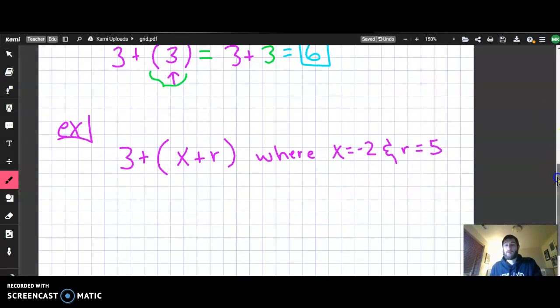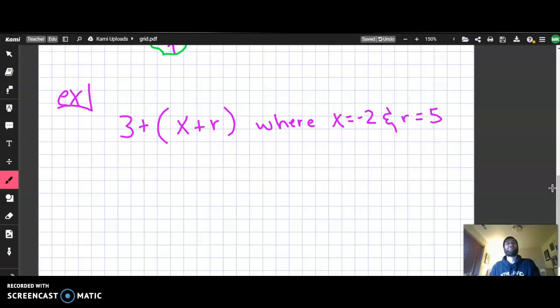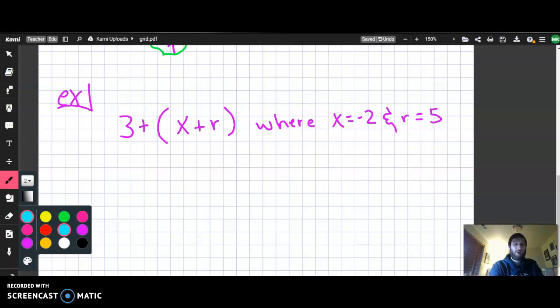So, what does it look like? It ends up being the exact same problem we just solved. The only difference is we're plugging in more than one variable. We're replacing more than one variable. So x is negative 2, so we're replacing x with negative 2. And r is 5, so we're replacing r with 5.